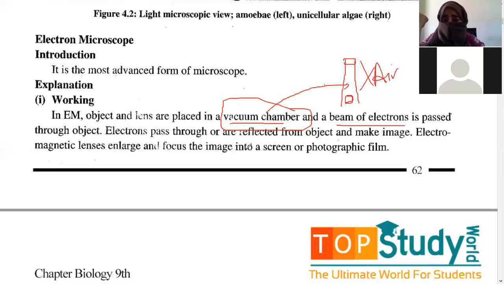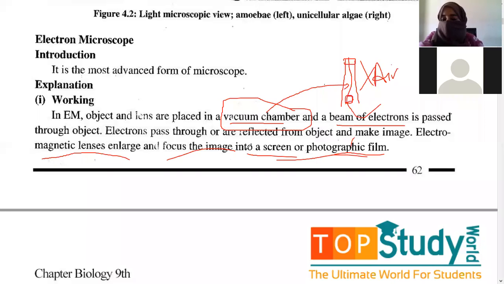Electrons pass through and are reflected from the object and make an image. Means a beam of electrons will pass through the specimen and lenses and make an image. Magnetic lenses enlarge and focus the image onto the screen or photographic film. When electrons pass through these lenses, the image is enlarged and forms on the screen or photographic film.